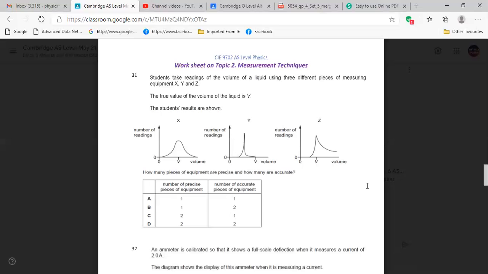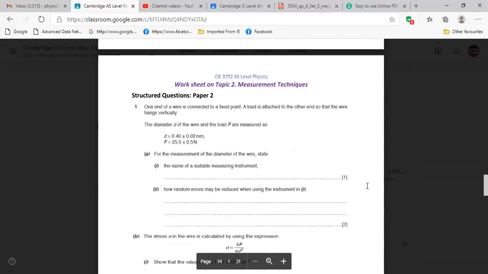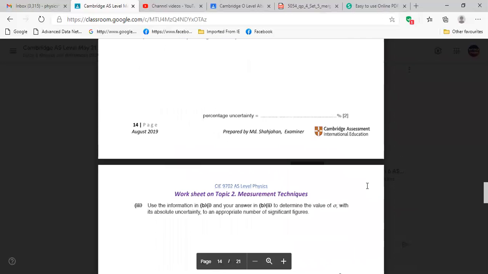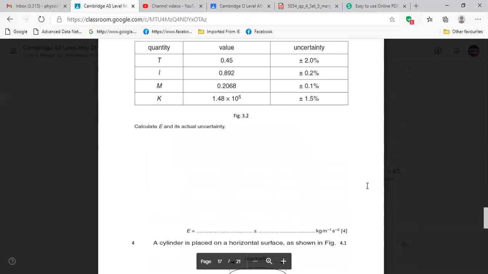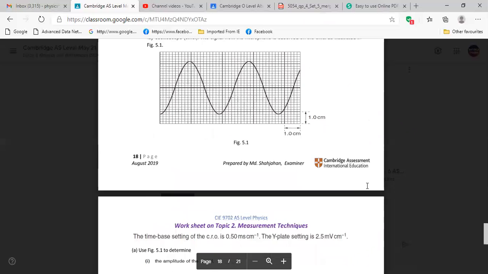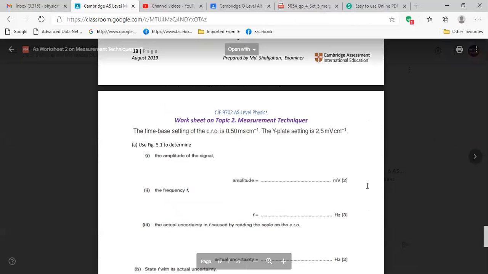A. Very good. So by this we are done with this worksheet, right? Yes, sir, we are done with this worksheet except structured questions 5 and 6. You can see we did all this, so 5 and 6 are left.